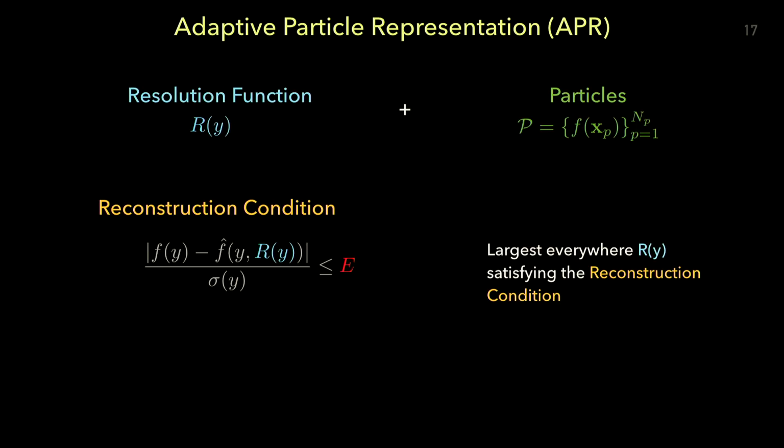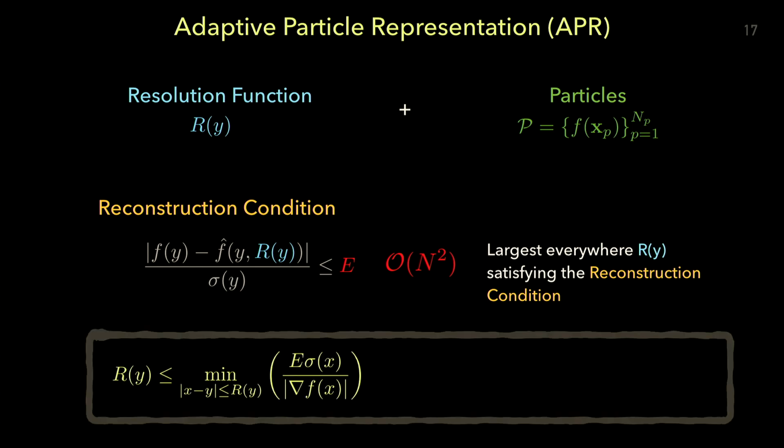So what is the actual optimization problem that we're solving? The idea is that we want to find the largest possible neighborhood, r of y, such that this constraint is satisfied. It turns out that solving the discretized form of this is n squared complexity, so even for small images this becomes unfeasible.